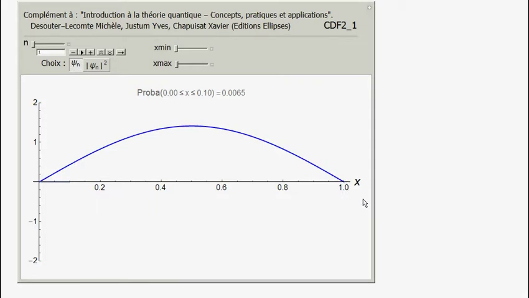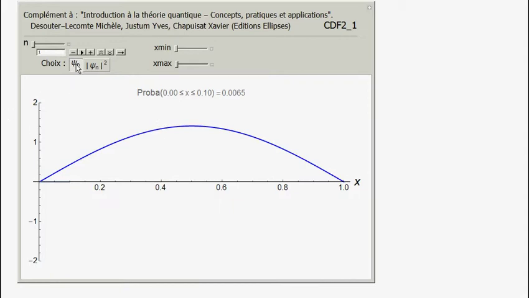The potential energy is assumed to be infinite, but inside the trap, the potential energy is constant and set equal to 0. The particle, therefore, has only kinetic energy.